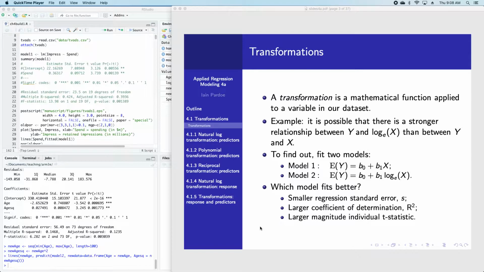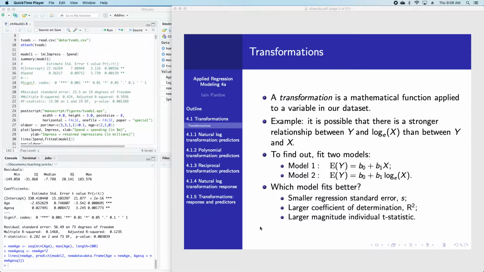To determine whether that's the case or not, we're going to fit two models, one in which we're using the untransformed x, so that's model 1 here: expected value of y is b0 plus b1x. And then model 2 is going to use the transformed x, the natural logarithm of x, so expected value of y is b0 plus b1 times the natural logarithm of x.